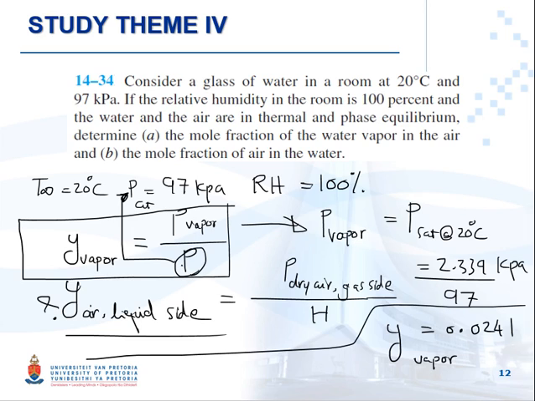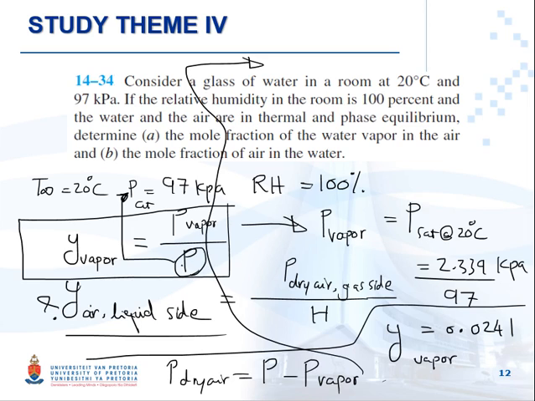If we follow the same strategy as the previous question, we can say that again the pressure of dry air is equal to P minus P vapor. Why? It's obvious, because we said that can be the case.